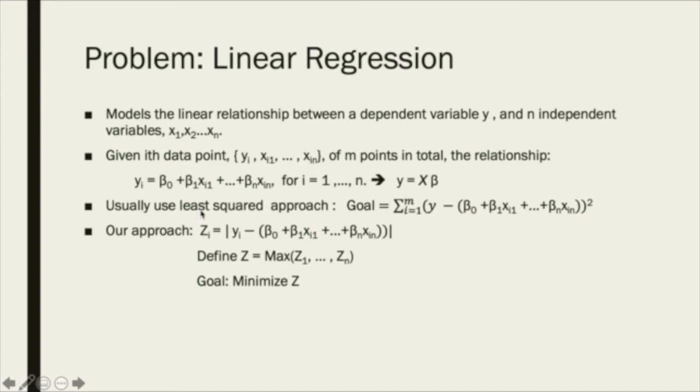Usually we use the least squares approach, but in our case we are going to use the absolute value of the difference, and we define z to be the max of the absolute differences, and our goal is to minimize that.